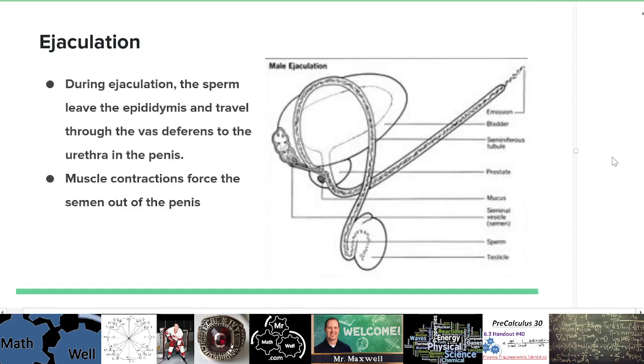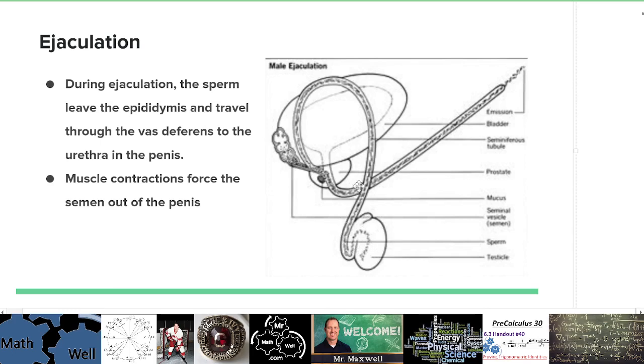So the next part of your notes is ejaculation. Here's a picture where we've got the bladder in the middle, the epididymis out here, and the seminal vesicle over here. So we've got sperm created in the testicle, sent to the epididymis to mature.